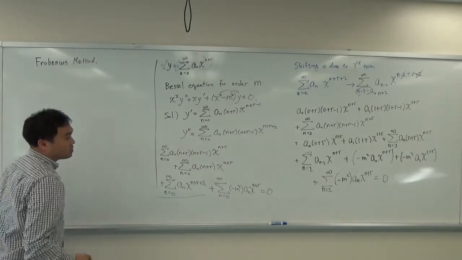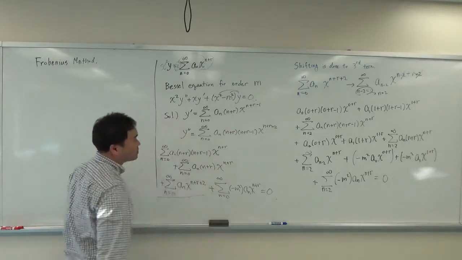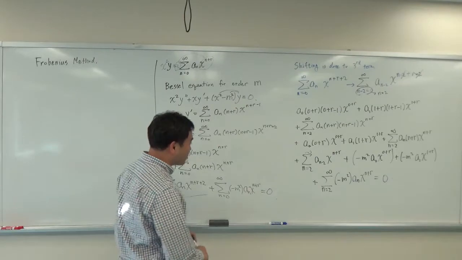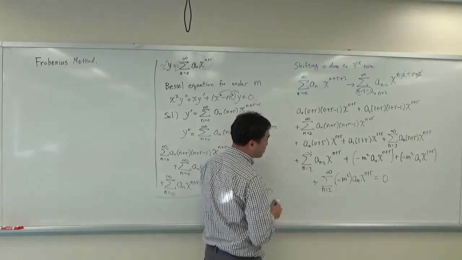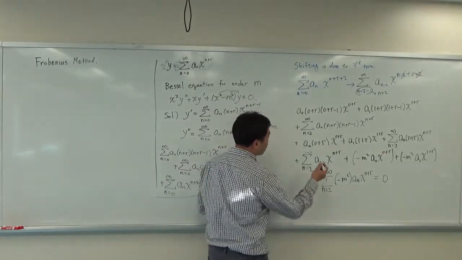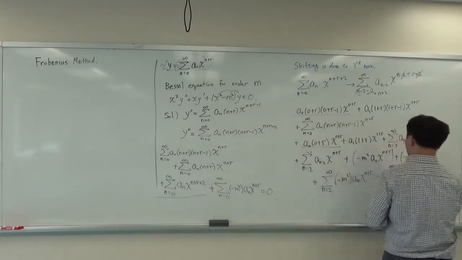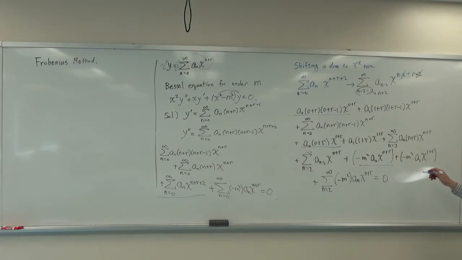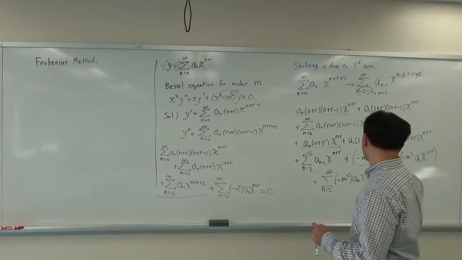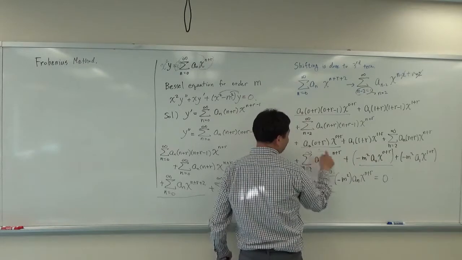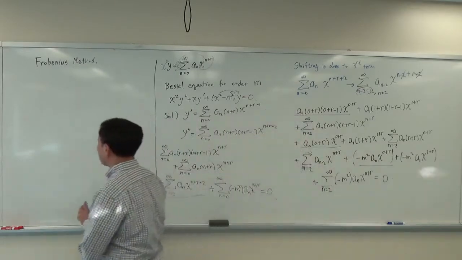Okay, so we do that, and let's collect the ones that have x to the 0 plus r. So here's 1, here's 1, here's 1, and that's it, right? x to the 0 plus r. All of them happen to have a0 in there, so I'm going to factor that out as well.